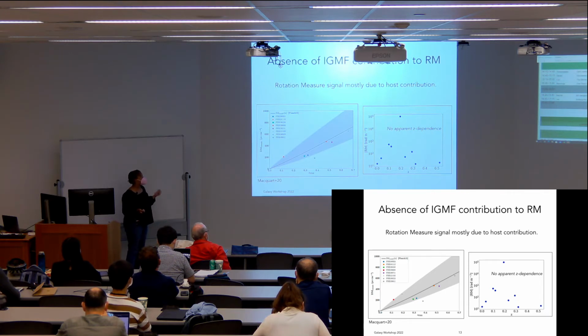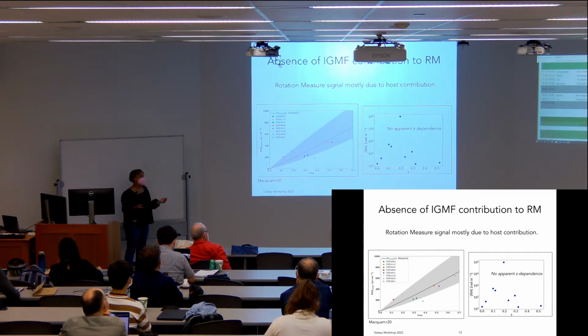So this tells us that our rotation measure is mostly due to the host contribution. We're not really being affected very much by intergalactic magnetic fields, and we're also able to subtract off the rotation measure contributions from the Milky Way through various models that map the rotation measure sky of the Milky Way.